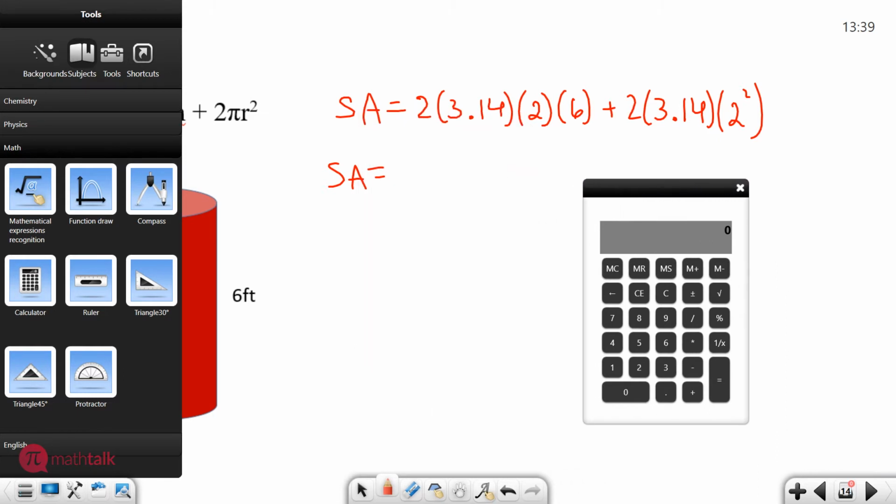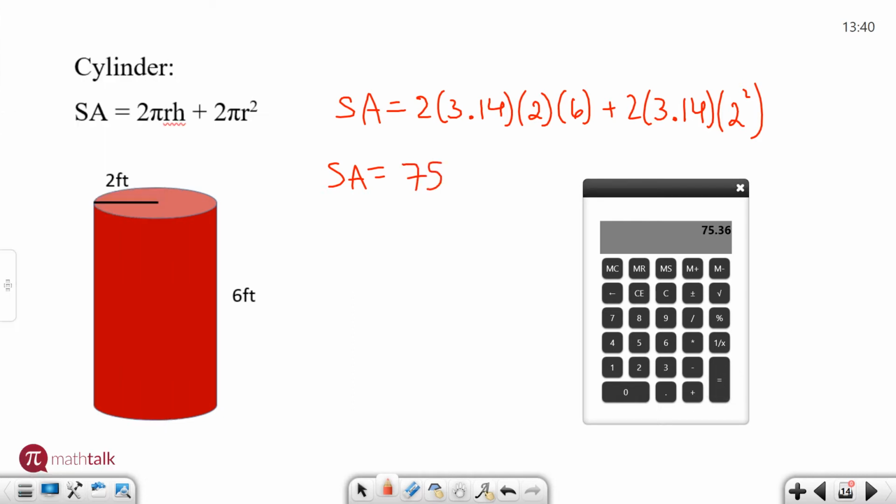2 times 3.14 times 2 times 6 is 75.36. So there's the first part.